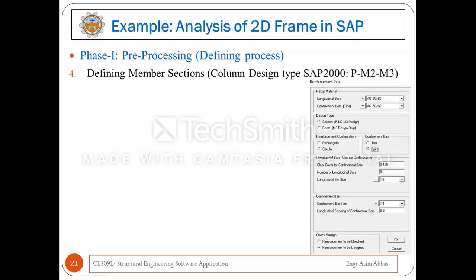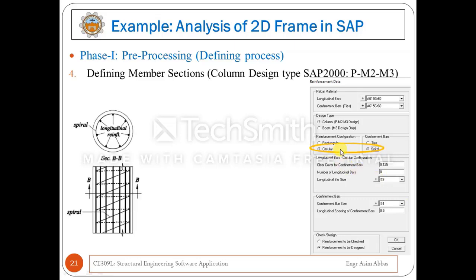Now reinforcement configuration in the circular format, right? And this is the reinforcement configuration in the circular format, where the longitudinal bar is provided in the circle form, right? And instead of ties in the confinement bar, these main reinforcements in the circular format are tied by spiral, right?